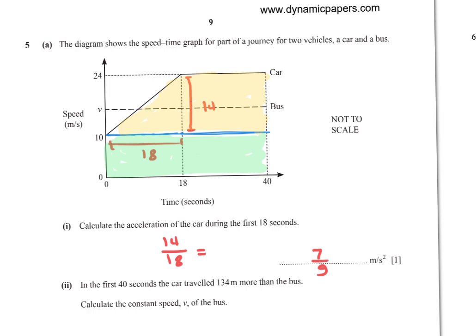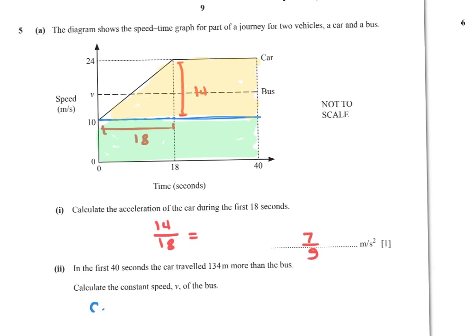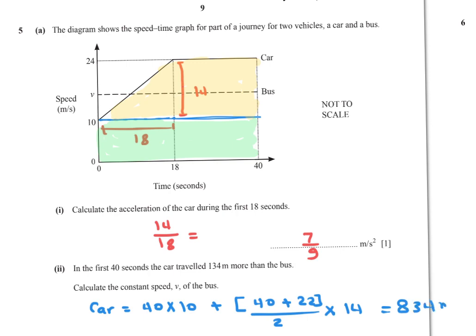So the distance covered by the car equals 40 times 10 plus area of trapezoid, base 1, which is 40, plus base 2, which is from 18 to 40, which is 22, divided by 2 times the height, which is 14, equals 834 meters.